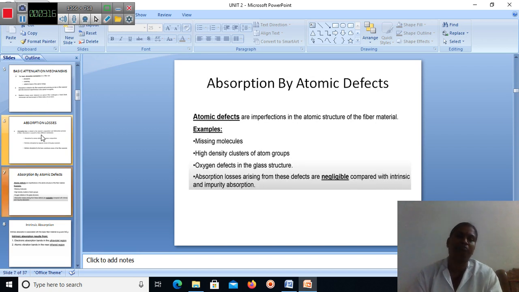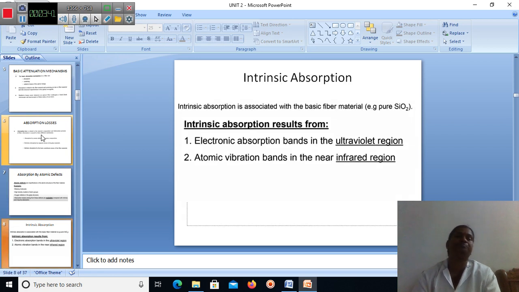Absorption by atomic defects means imperfections in the atomic structure of the fiber material. For example, missing molecules, high density clusters of atom groups, and oxygen defects in the glass structure. Absorption losses arising from these defects are negligible compared with the intrinsic and impurity absorption.